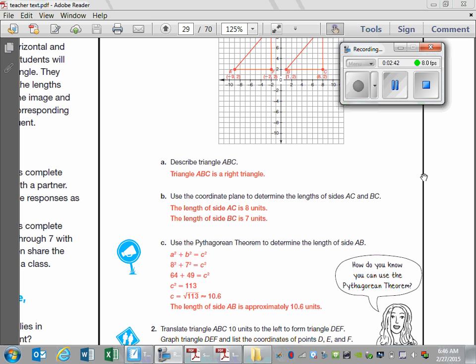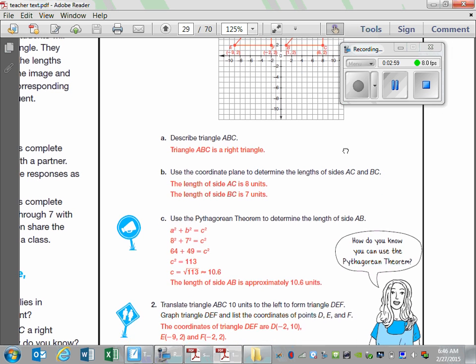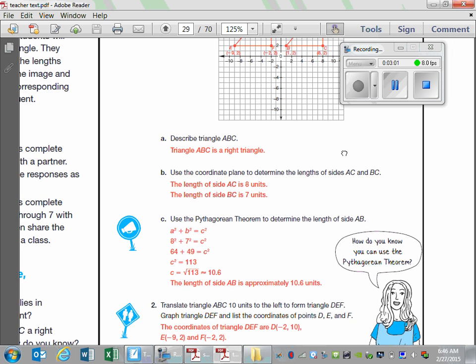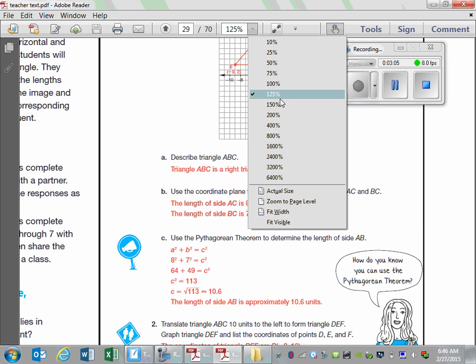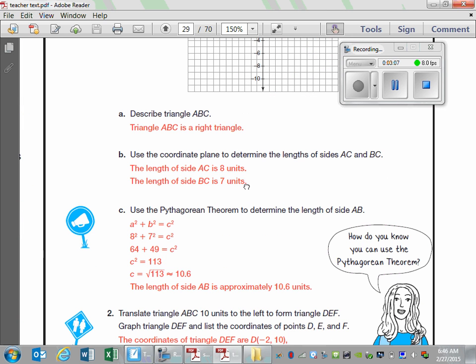Number 2, translate, which means move, triangle ABC 5 units to the left to form triangle DEF. So A will become D, B will become E, and C will become F. You can kind of see it up here, but I want you to translate it yourself. So translate it 5 units to the left, and then list the new coordinates.